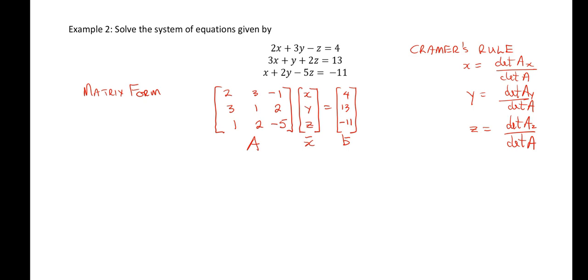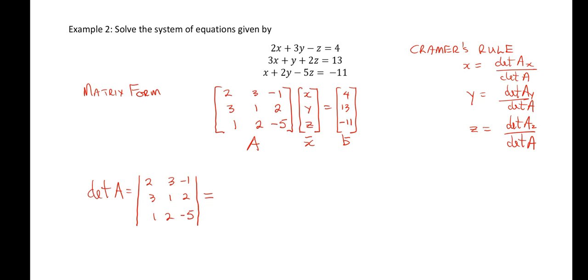So what do I need to calculate? Well, I must find determinant of A, which of course is using the vertical bars. In this case, it is 2, 3, minus 1, 3, 1, 2, 1, 2, minus 5.